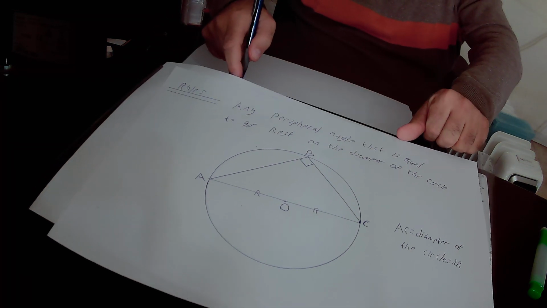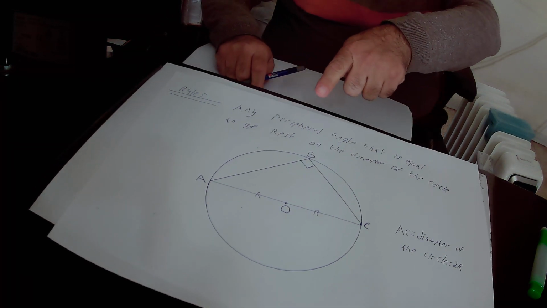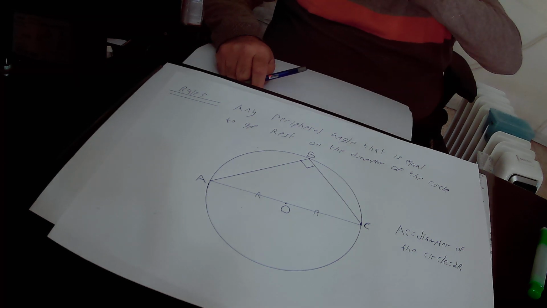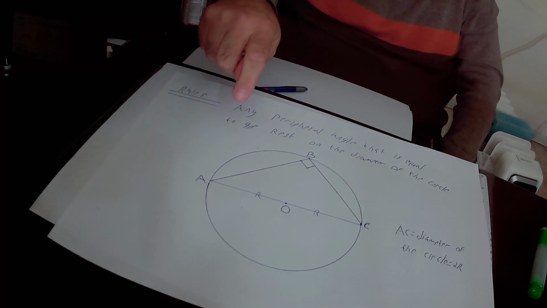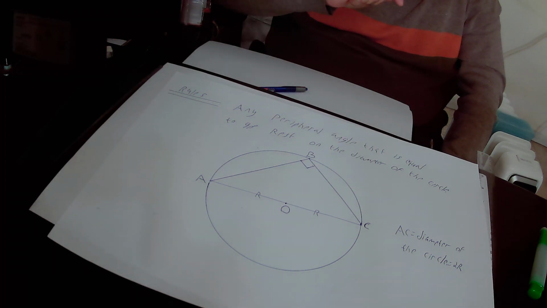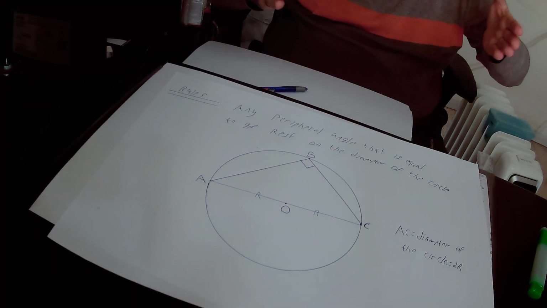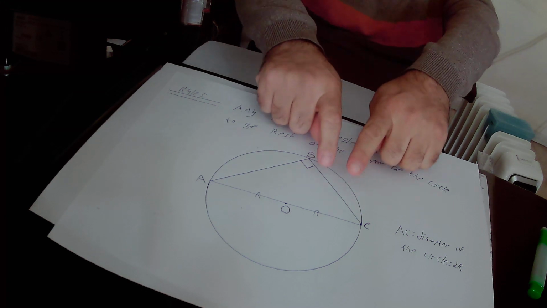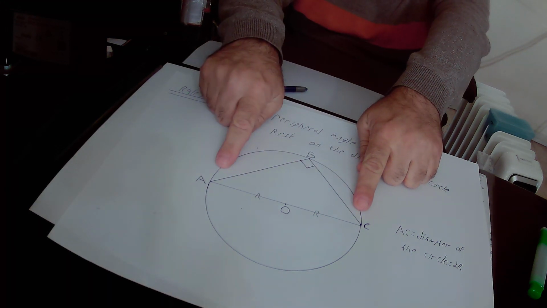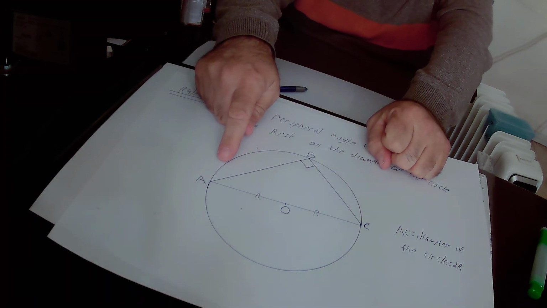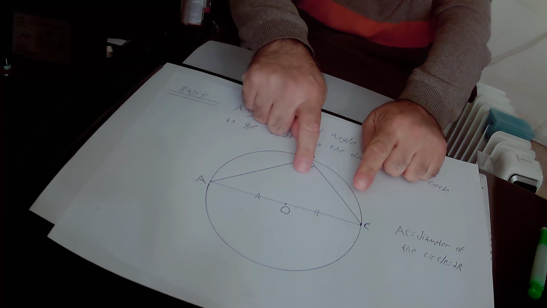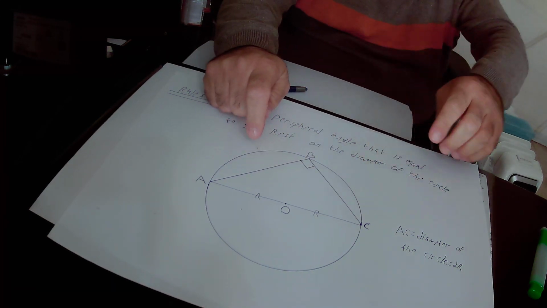Here, peripheral angle ABC equals 90 degrees, therefore it must rest on the diameter of the circle. So AC is the diameter of the circle.